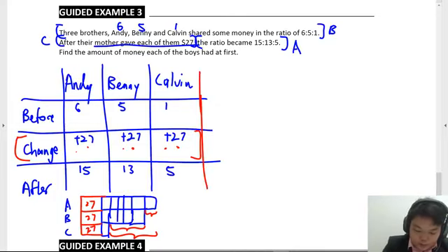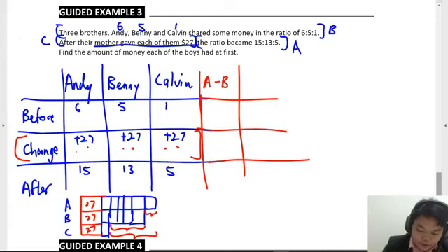So based on this idea, you can compare the difference between A and B. Take note of your subtraction ordering, because at the primary level you won't have negative numbers. So you have to take the bigger number and subtract by the smaller number. Over here the difference is 1, and later on the difference here is 2 units.